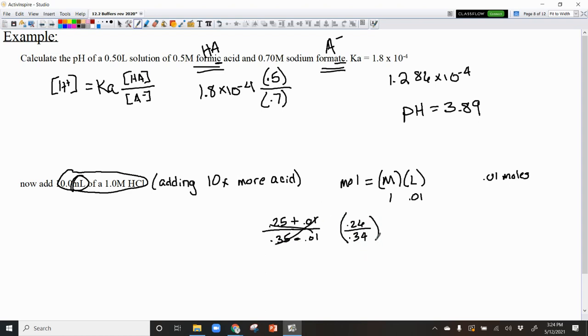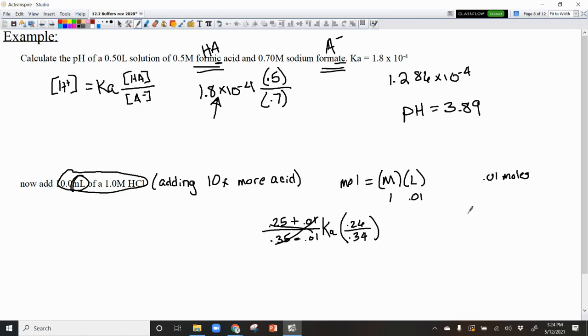And we're going to multiply this by the Ka, which is, where's the Ka? Right here. All right, so let's do that. The first thing I want to do is my fraction, 0.26 over 0.34, just because it's easier, not because it's a rule that we have to do that. It's just easier to do the fraction first in your calculator and get an answer and then multiply it by the 1.8 times 10 to the negative 4.